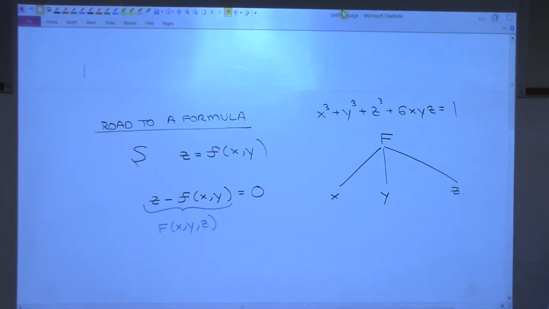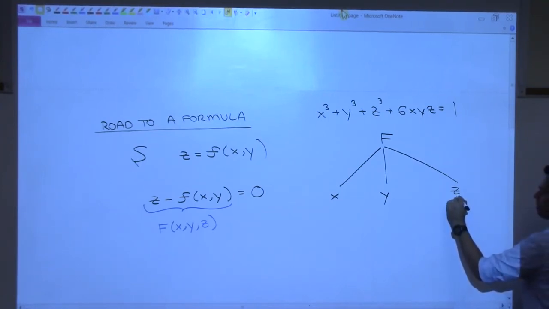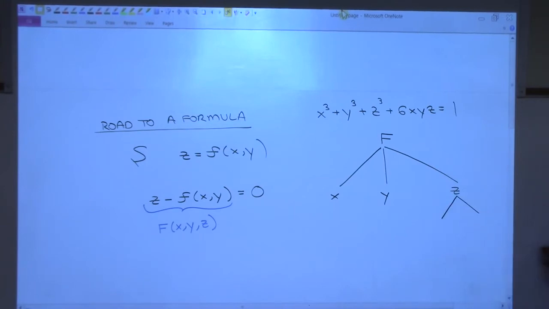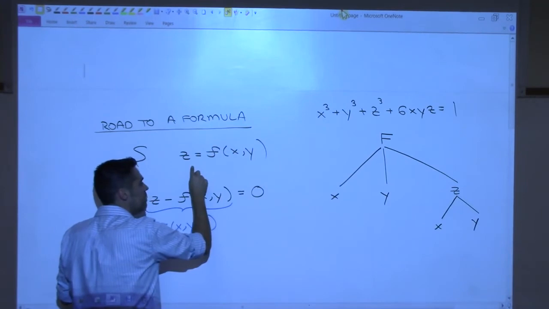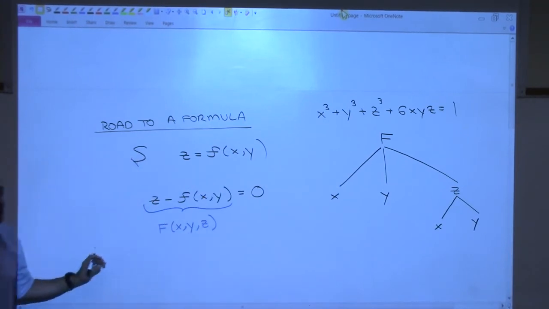We are assuming that z depends on what two things? X and y, right? Agreed? Because that's from here. Now, we did this, we all said that z must depend on x and y.